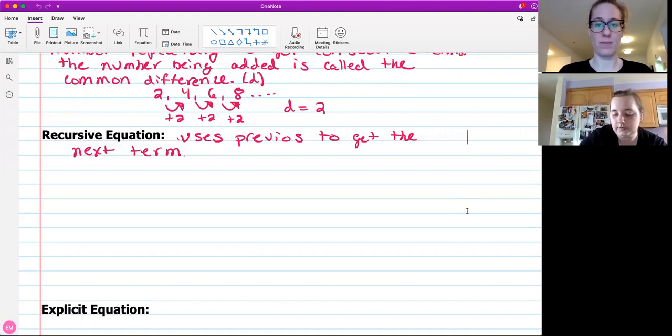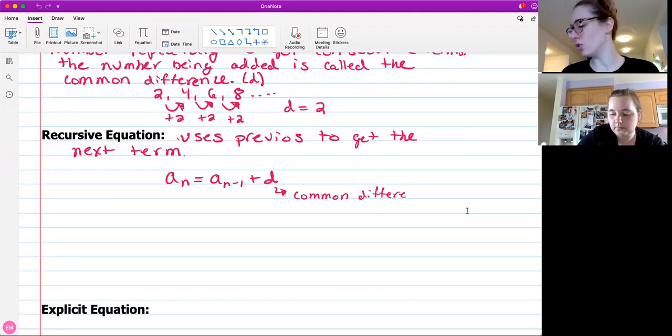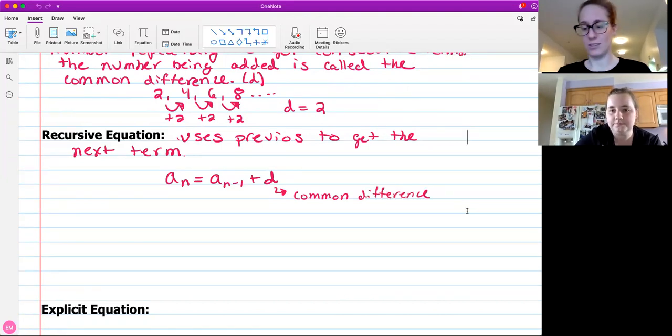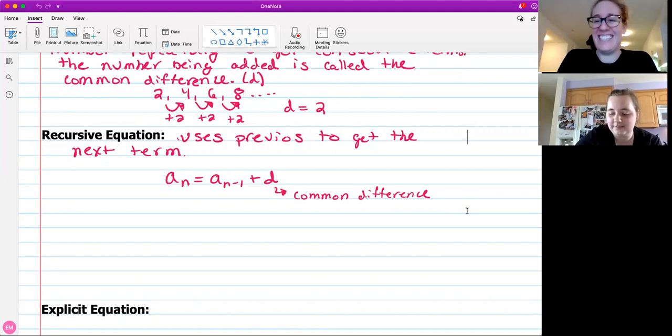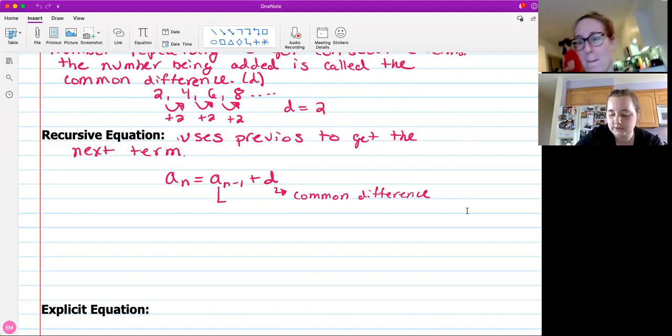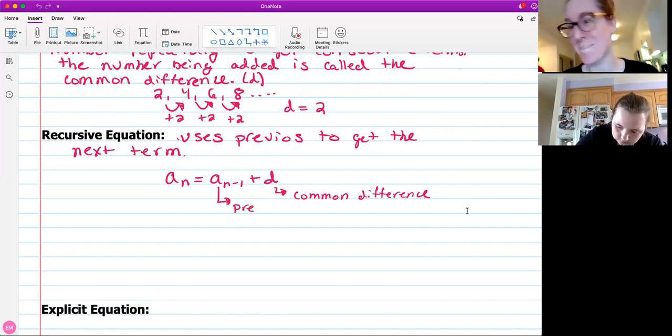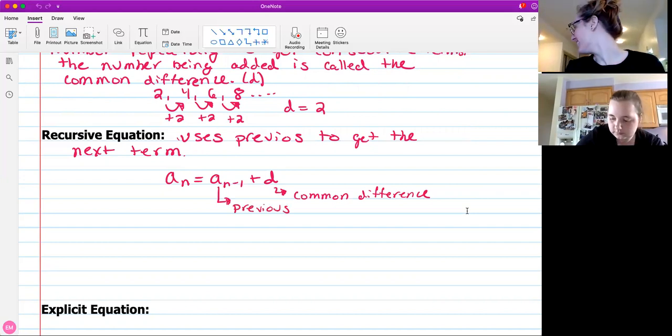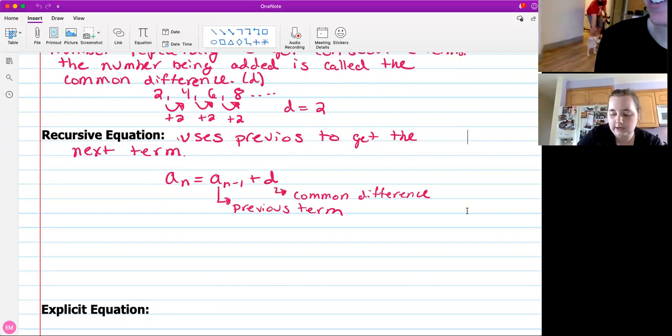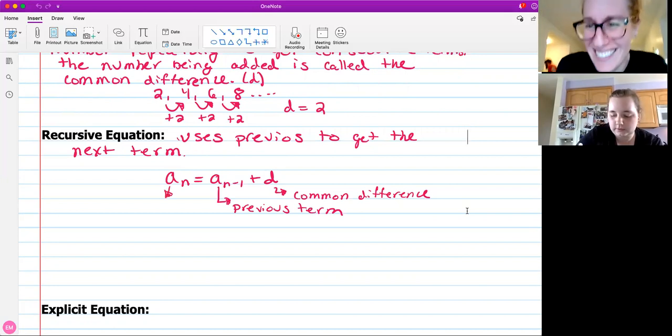So your formula for this one is a(n) equals a(n minus 1) plus d. d is your common difference, a(n minus 1) is your previous term, and a(n) is the term number that you're trying to find.